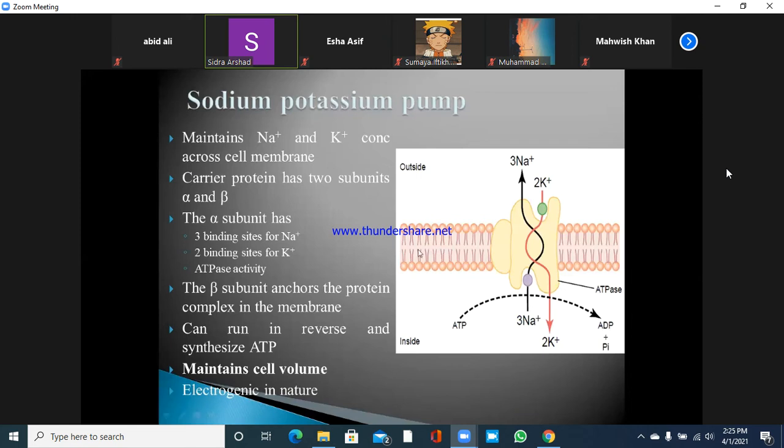Another point about this pump is that it is electrogenic in nature. By that, we mean that it is pumping 3 positively charged ions outside and 2 ions inside. So can you tell me what is the net effect? The net effect is that the cell is losing positive charges or the cell is gaining positive charges?